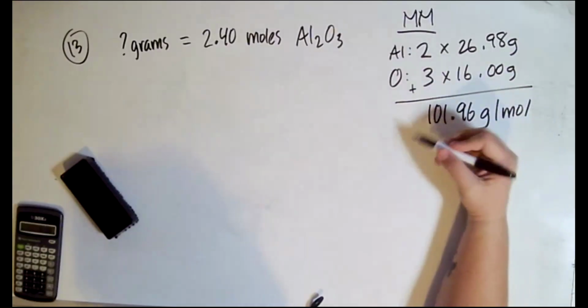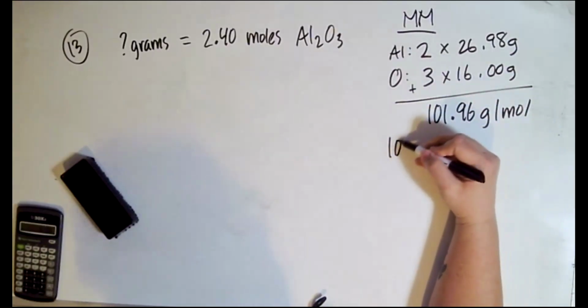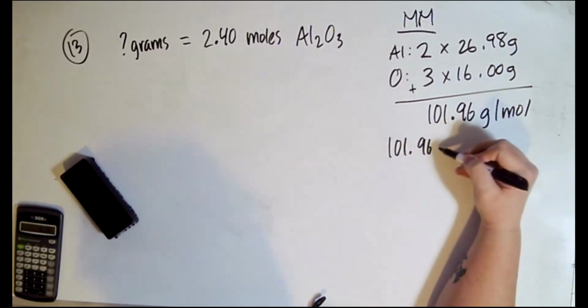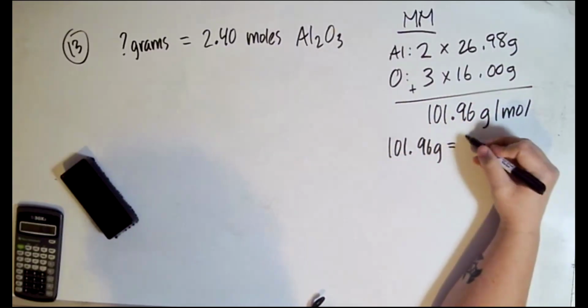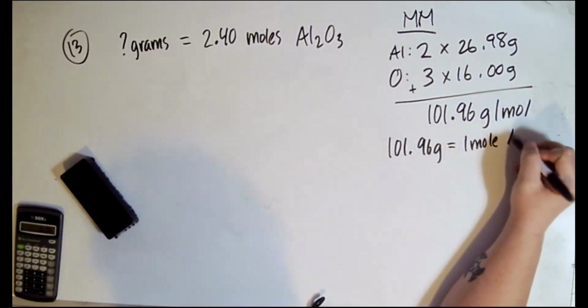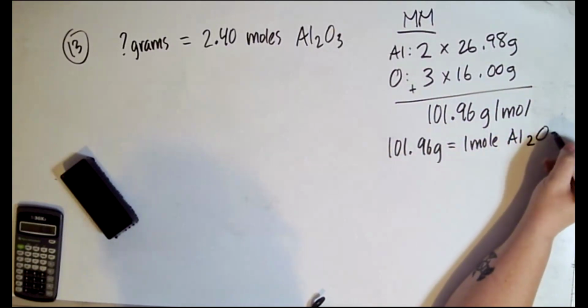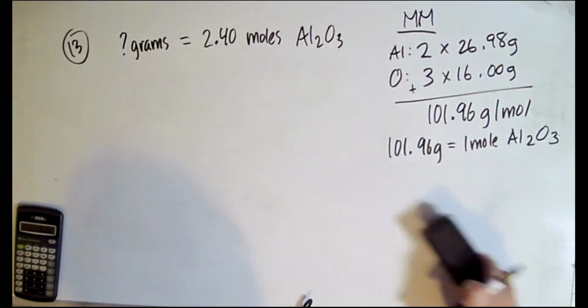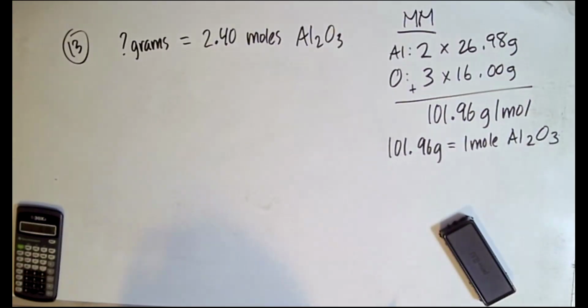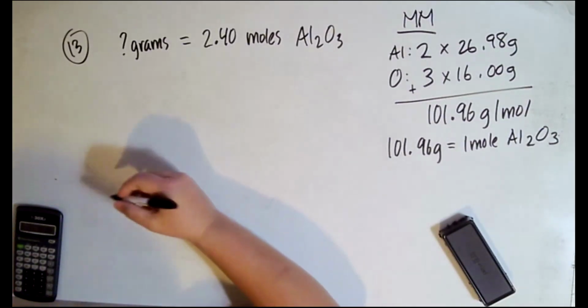Okay, I'm going to add those together. Okay, and remember that when you have a molar mass, you can rewrite it as an equality, which might help you when you're setting up your conversion factors. Okay, so now we set this up.